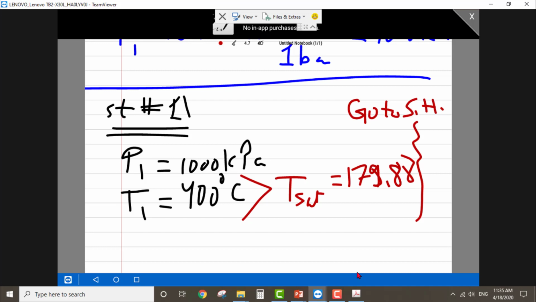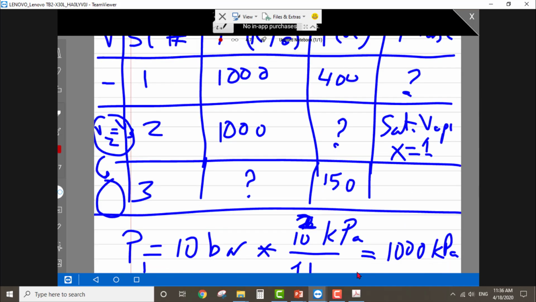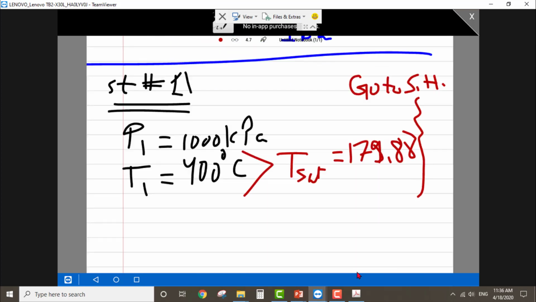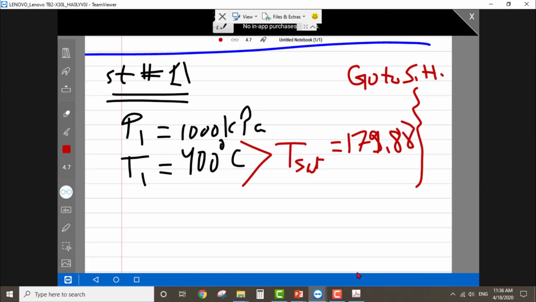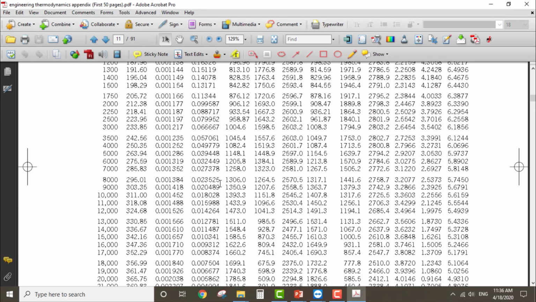Once T1 is greater than Tsat, that means we need to benefit from the superheated table. So I write down the values. So here we have V1. So let me go to the superheated table.